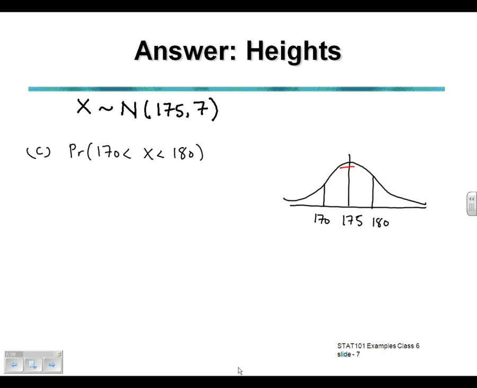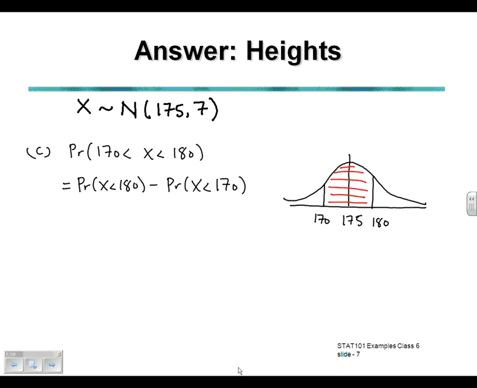We can shade in that area between those two values, and that's what we've been asked to calculate here. So using the normal distribution, we write the probability that x is less than 180 minus the probability that x is less than 170. Doing that subtraction will give us the area in the middle.